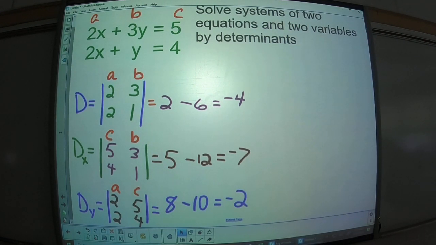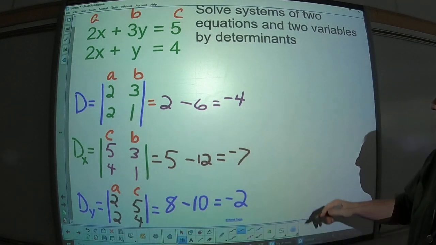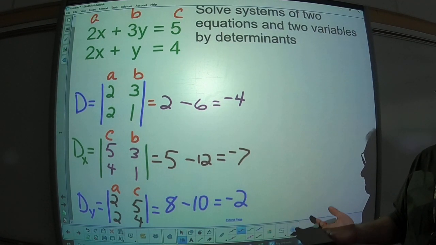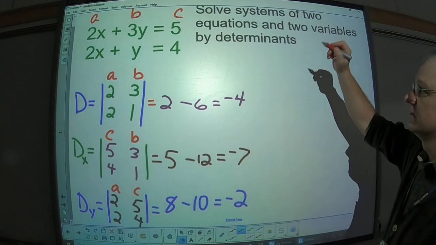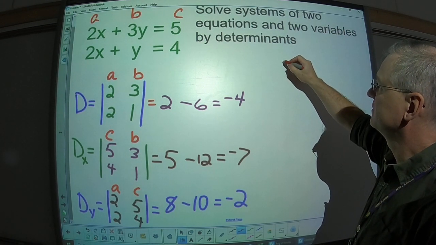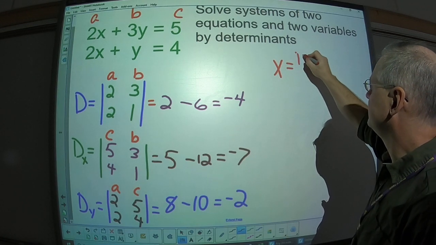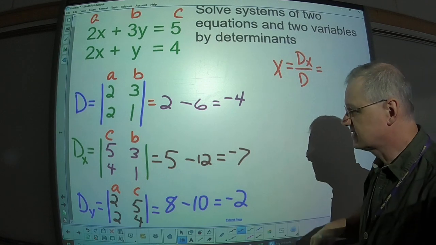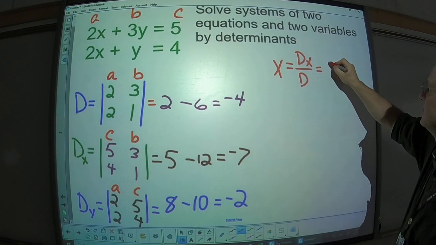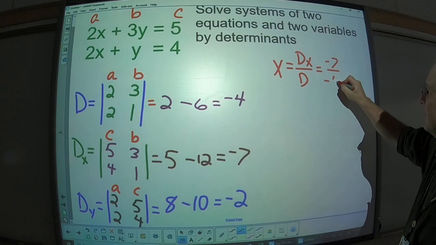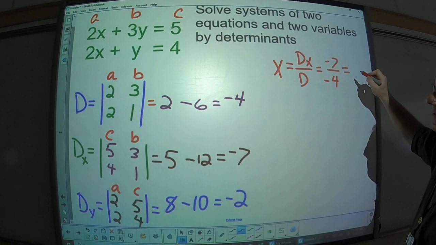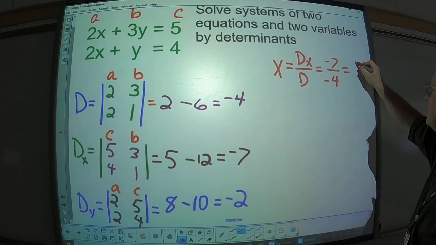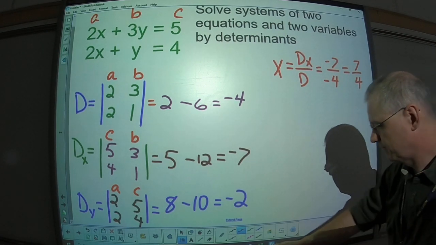All right. So here are my answers, because we need to know what x and y are. That's the whole point. X is going to be D sub x divided by D. In this case, D sub x is negative 7, D is negative 4, so the result here would be 7/4.